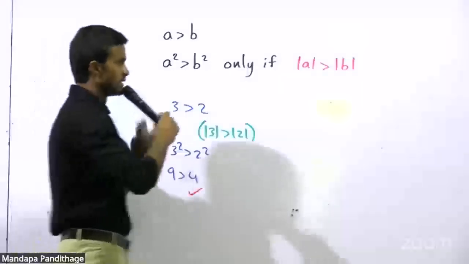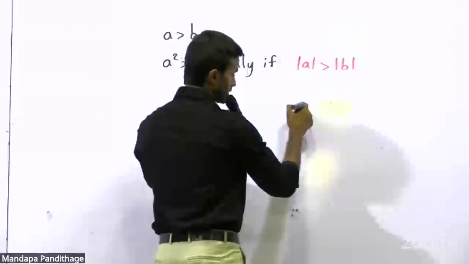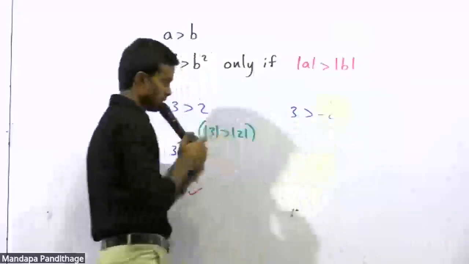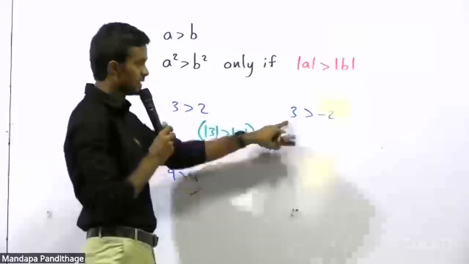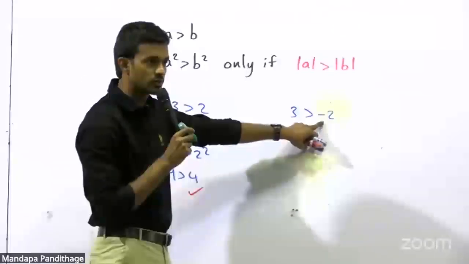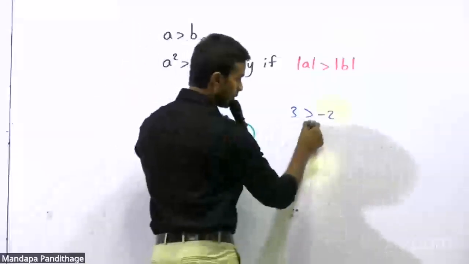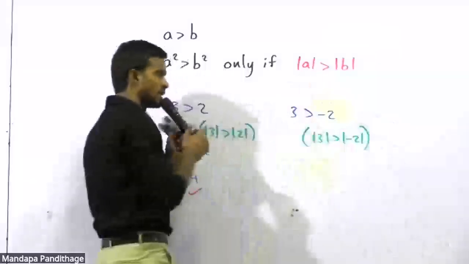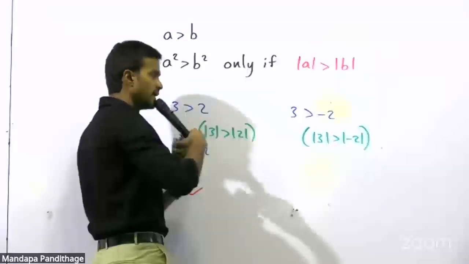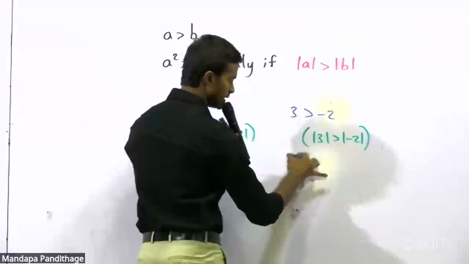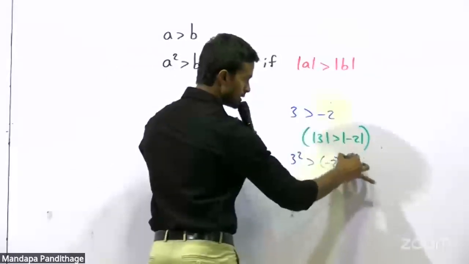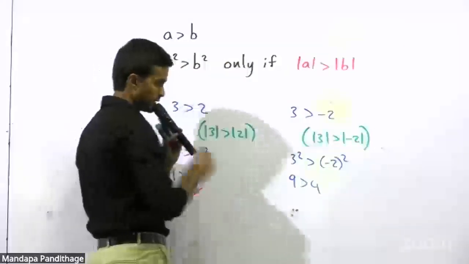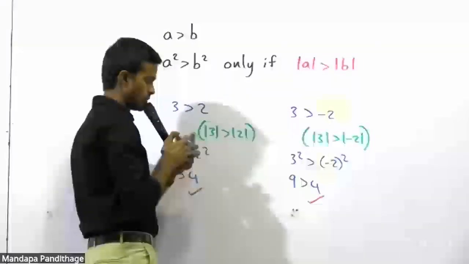Now let's say you are writing that 3 is greater than minus 2. Is modulus 3 greater than modulus minus 2? Yes, it's greater. If the modulus is greater, then you can square it. Again, when you square it, you end up with a correct answer. 9 is greater than 4.